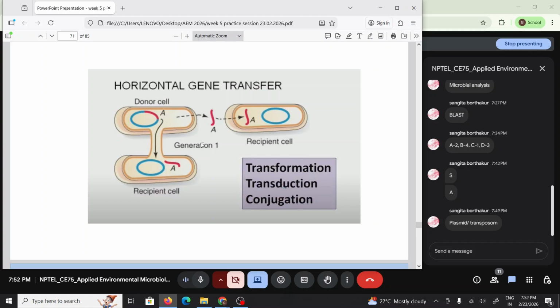So this is what we call horizontal gene transfer, and it can happen via three modes.